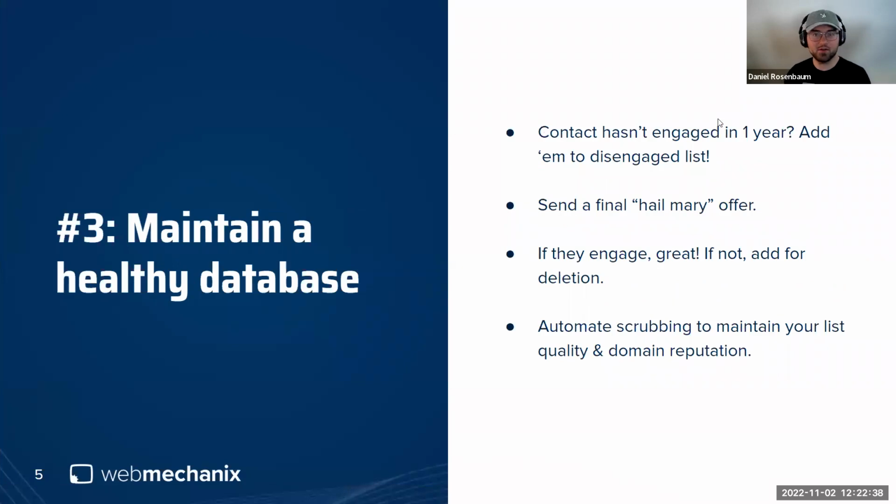Number 3 here, using automation to maintain a healthy database. Everyone knows that having a healthy database is important, but in practice, it's a lot harder than it sounds. There's some really quick wins that we can get on this, and then there's a lot more deeper things that we can do, of course.